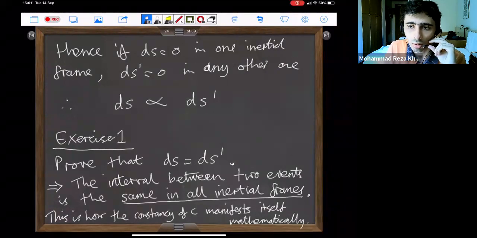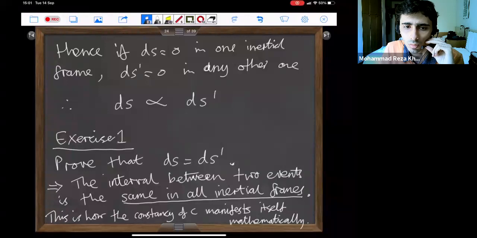Oh, the transformations between frames are, as you'll see, linear transformations by constant matrices. So you can't have situations like the one you described. Transformations don't depend on the coordinates.